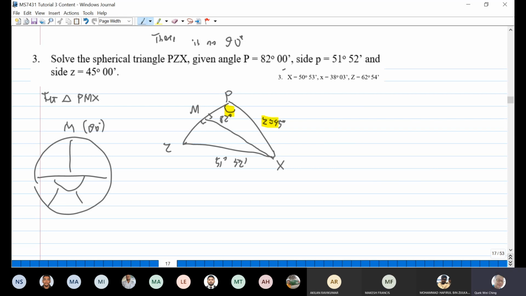Let's see how to do this clockwise. Is it this way? No, this is not the correct way. I'm going to go into M in this way. Going into M is XM.